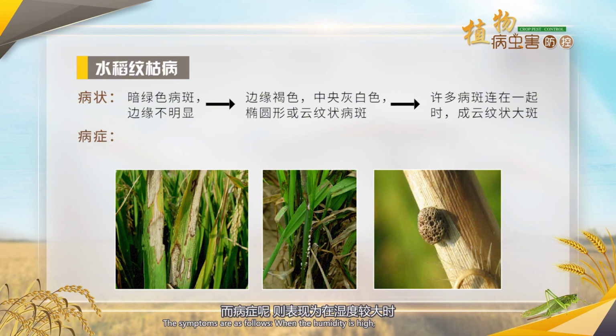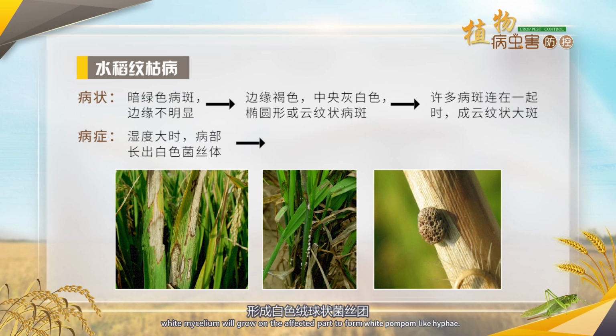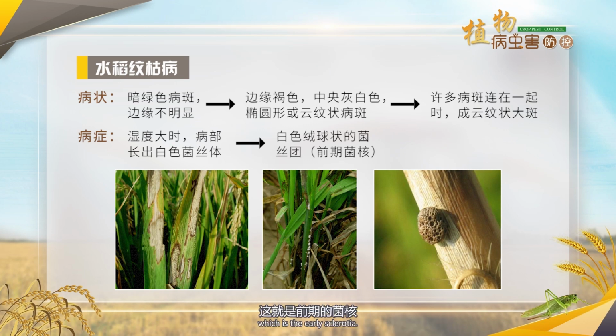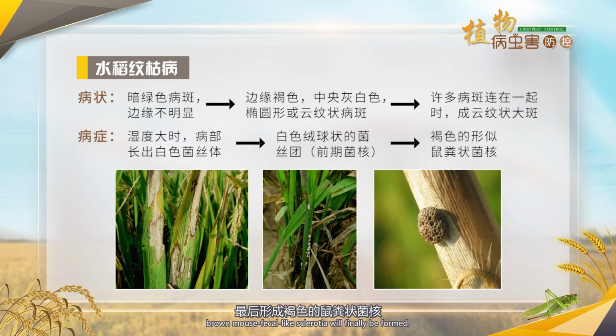The symptoms are as follows. When the humidity is high, white mycelium will grow on the affected part to form white pom-pom-like hyphae, which is the early sclerotia. With the development of the disease course, brown mouse fecal-like sclerotia will finally be formed.